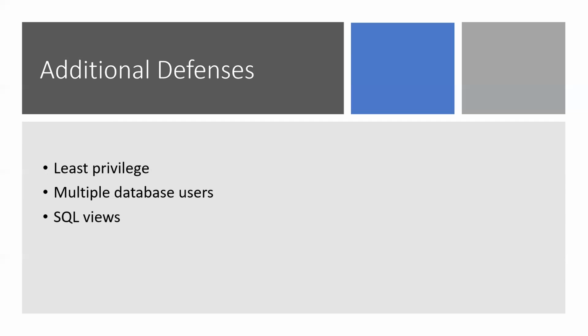And then for the next additional defense, we have multiple database users. Web application designers should avoid using the same owner or admin account in the web applications to connect to the database. Different DB users could be used for different web applications. In general, each separate web application that requires access to the database could have a designated database user that the web app uses to connect to the database.